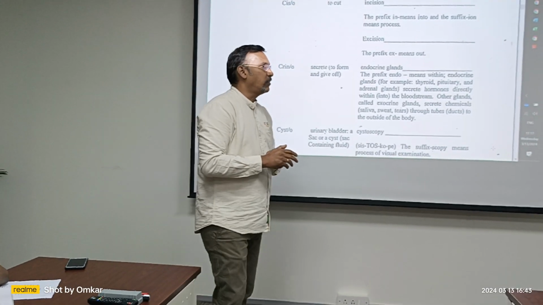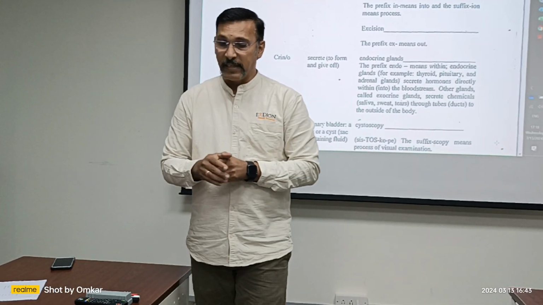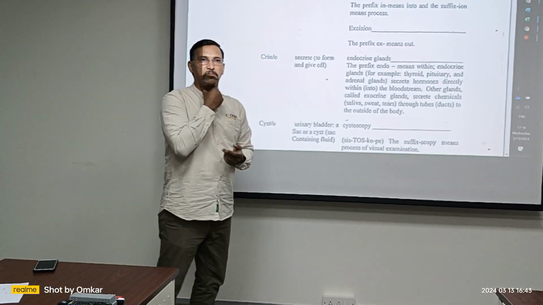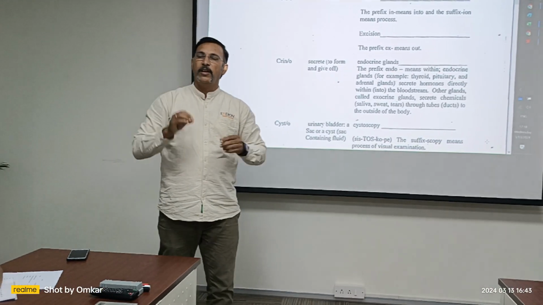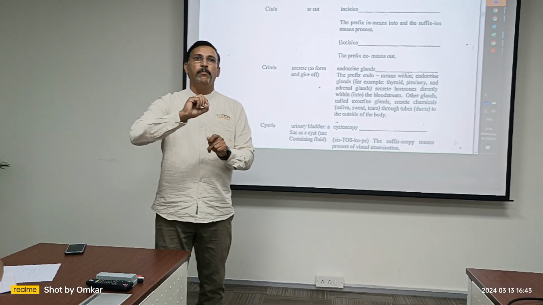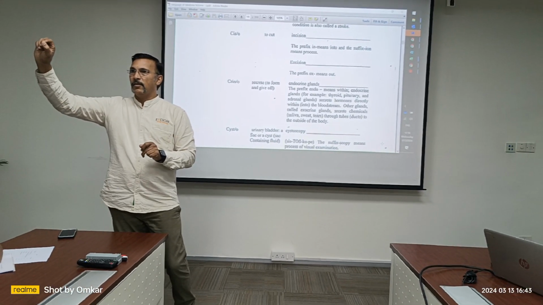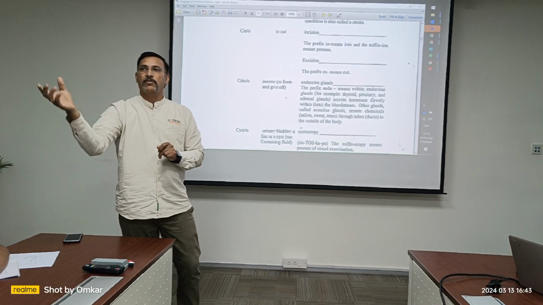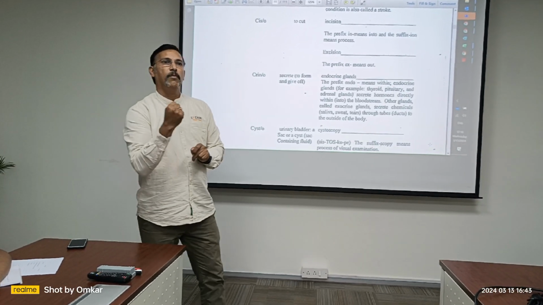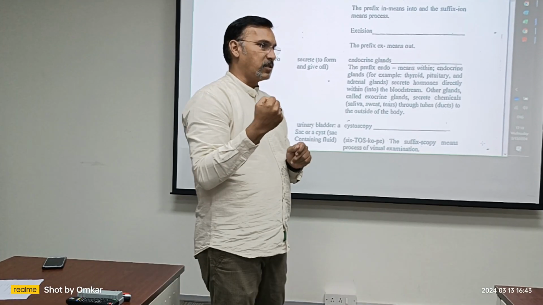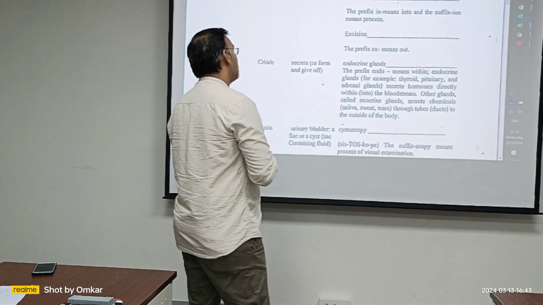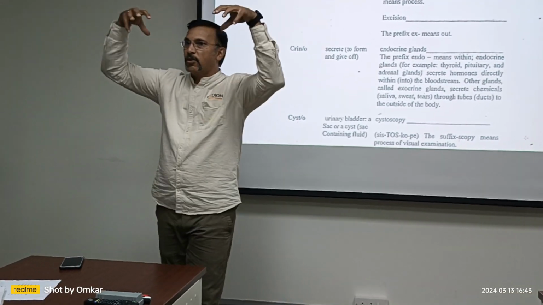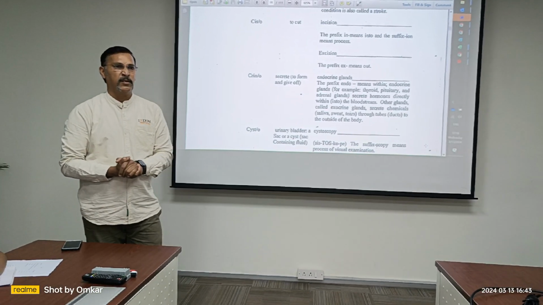Examples are thyroid, pituitary. Whenever you say pituitary, write base of the brain. Put an arrow mark and write base of the brain. That is your master gland. Pituitary gland is known as a master gland. Base of the brain. Then adrenal glands, for your adrenal, push on top of kidney.